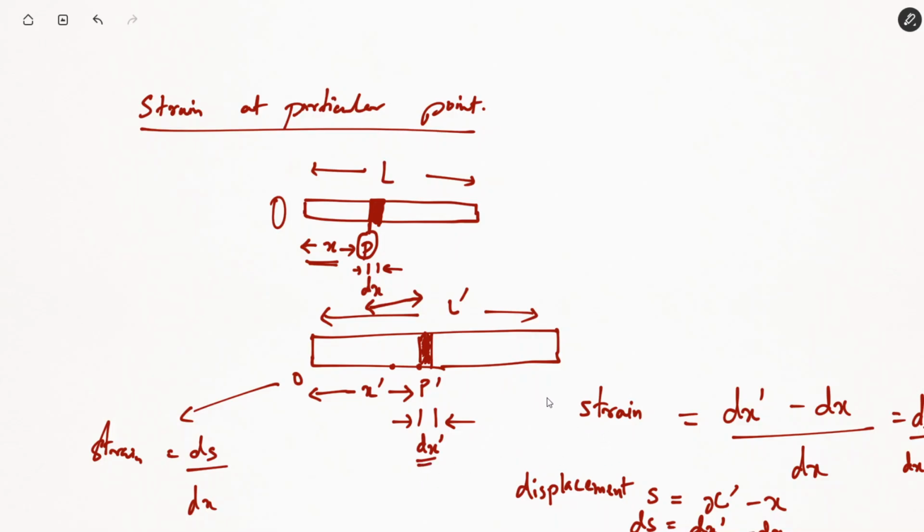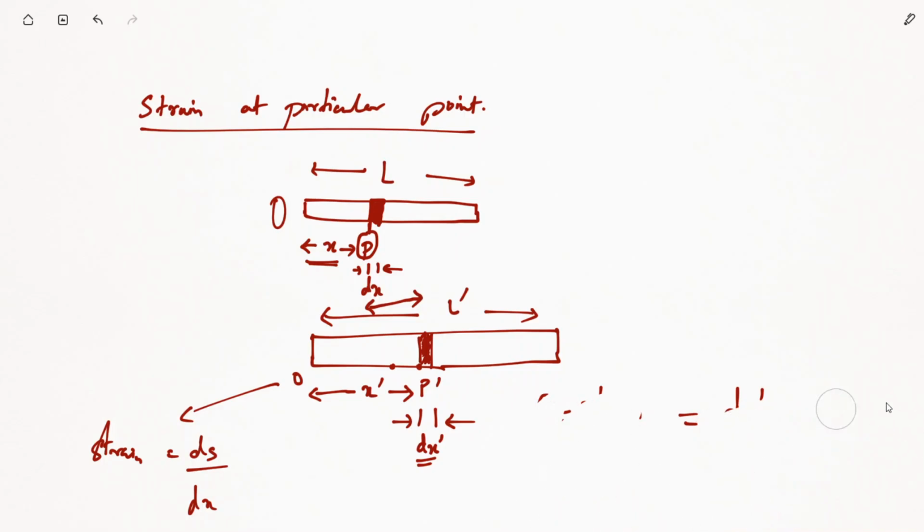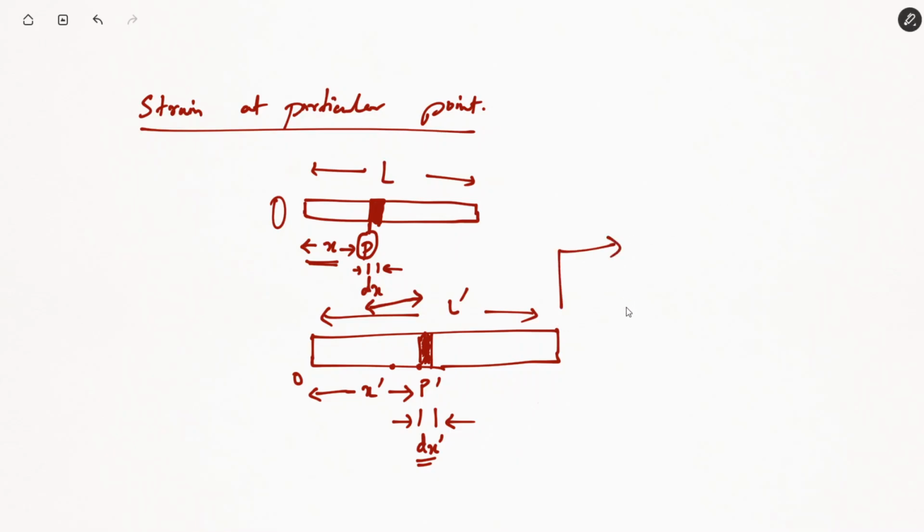So in such a case, strain epsilon will be given by dx dash minus dx upon the original length, that is dx. We are only concerned with that infinitely small portion of length dx, and with the strain in that portion.